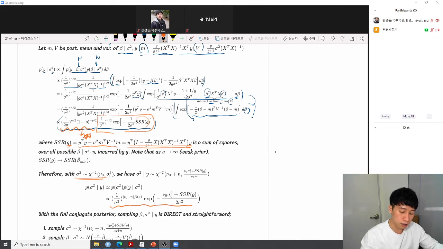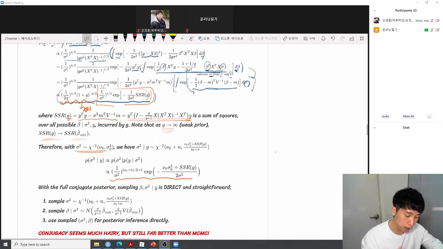So in that sense, if you set a weak prior for the betas, which means you give large values for g, then your SSR_g would be very analogous to the SSR of the beta MLE, the standard residual sum of squares, right?